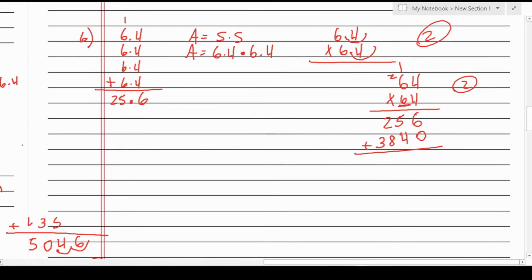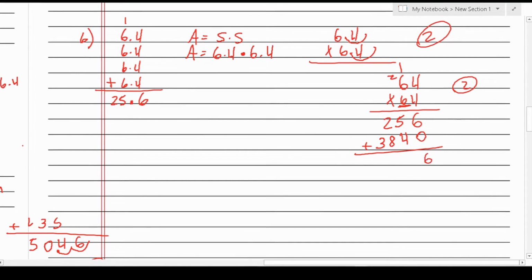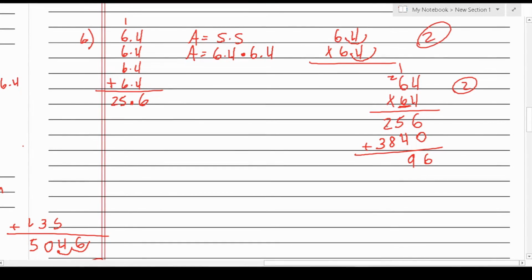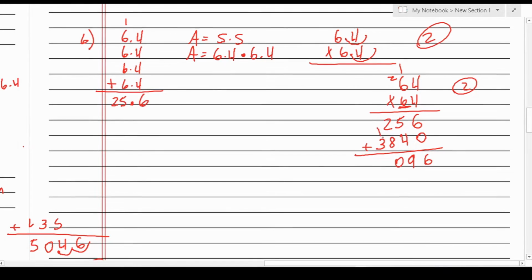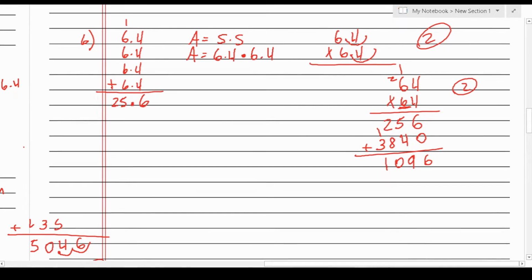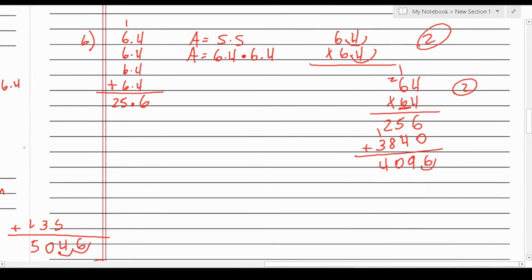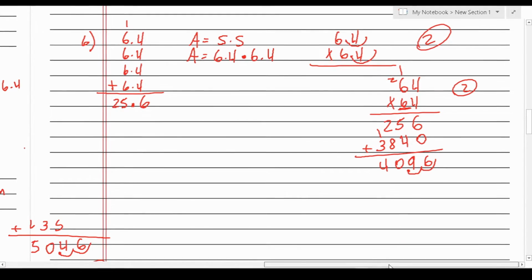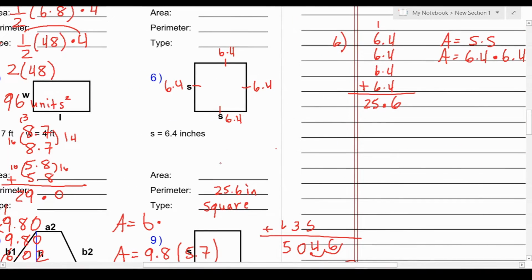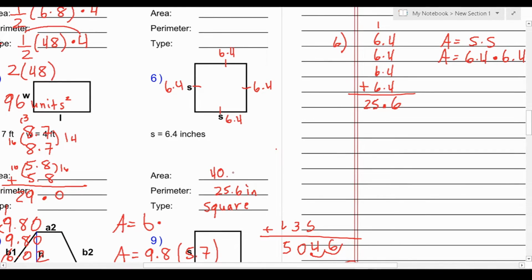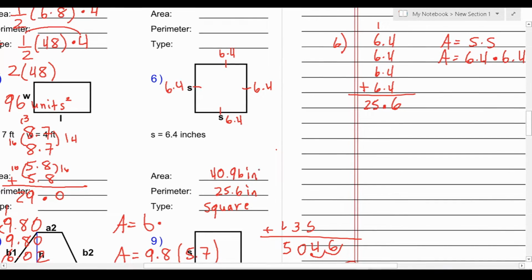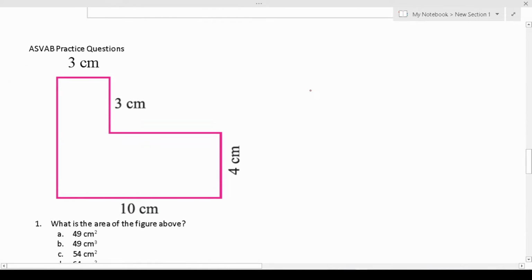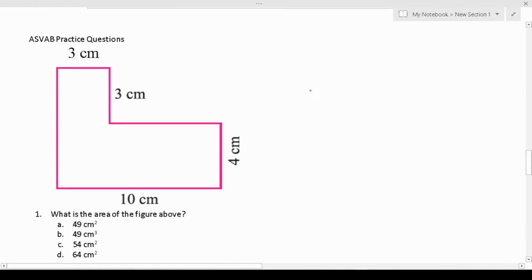Let's add. 0 plus 6 is 6. 5 plus 4 is 9. 8 plus 2 is 10. Carry your 1. 3 plus 1 is 4. Shift in your 2 decimals, 1, 2. So we can see the area is going to be 40.96 inches squared.